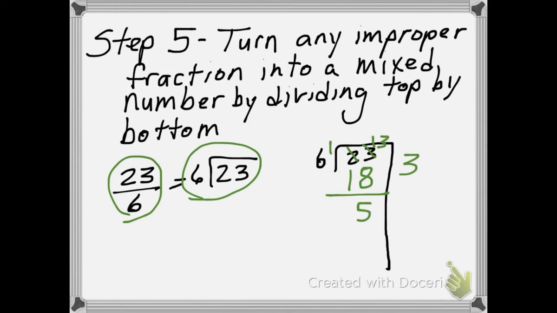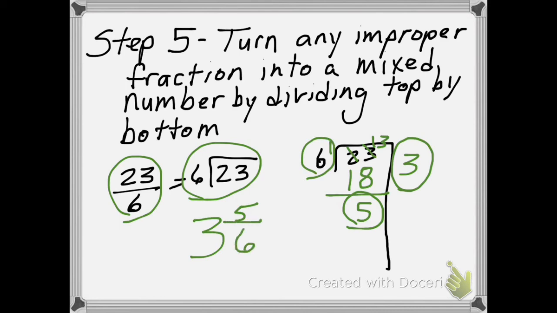So we're done now. We can't put 6 into 5, we're not going to add a decimal. Now we're going to be making our mixed number here. So we have our whole number, 3 and, here's our numerator, and here's our denominator. So our answer in this case is 3 5/6.